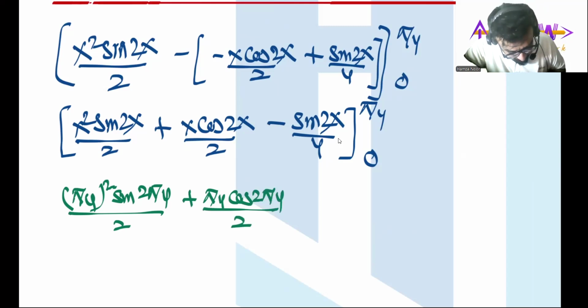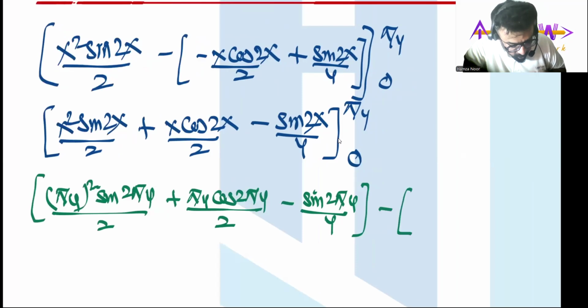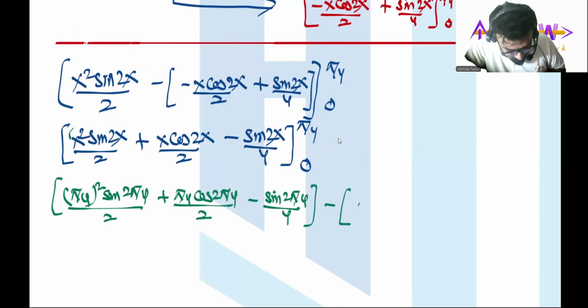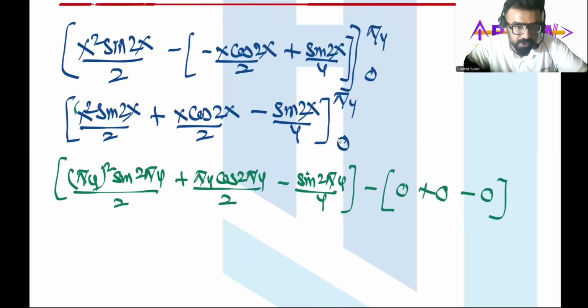Okay, and then minus sine 2 pi over 4 completely divided by 4. Here we put the upper limit pi over 4 and then subtraction sign, and then we put the lower limit. So this x squared times sine 2x over 2 basically turns out to be 0. And then in place of x, when you put 0, so this also gets 0, and this also turns out to be 0.